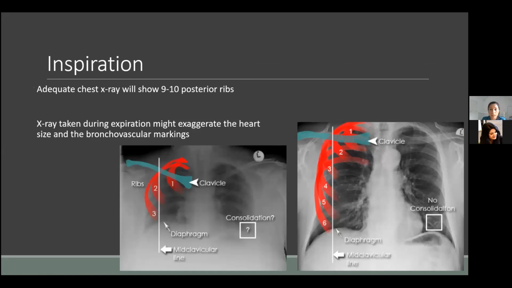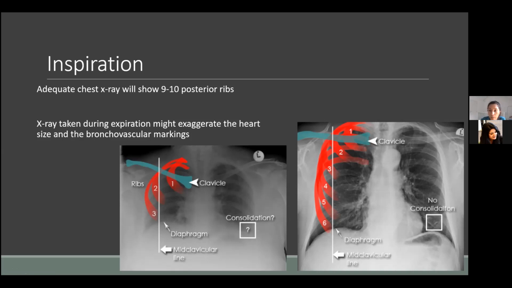Another thing is inspiration. Chest X-rays are conventionally acquired in the inspiratory phase of the respiratory cycle. Sometimes it is difficult, of course, in patients who are short of breath or not able to follow instructions, to make an adequate chest X-ray in inspiration.